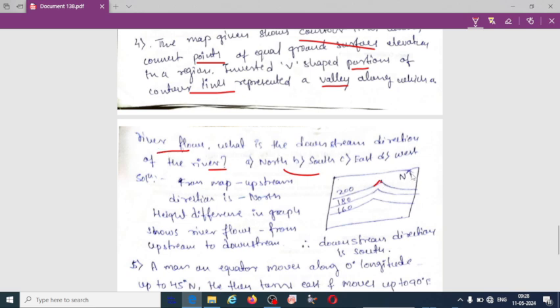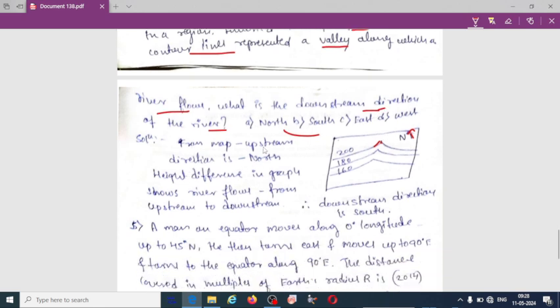Okay, this is the direction the river flows, north, and once it crosses the valley, in which the downstream direction is, the upstream direction is north. So the downstream direction we need to find. So from the map, the upstream direction is north.